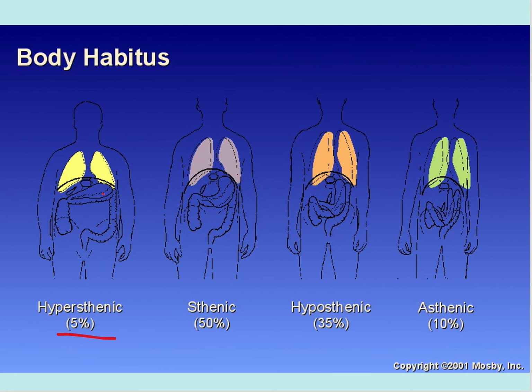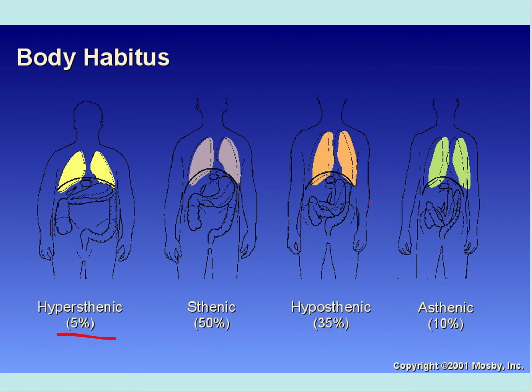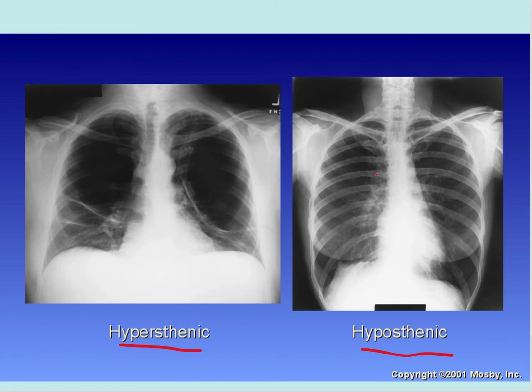They are short lungs, they are wide. So we come down here, they are wide, they are shorter, okay? And then hyposthenic, they are long, right? So we go back to this one here. So hyposthenic, we have the really long lungs, okay? They're a little bit more narrow. So we look back at this, they're a little bit more narrow, but they are long lungs.